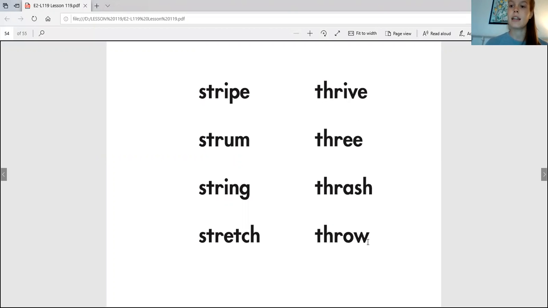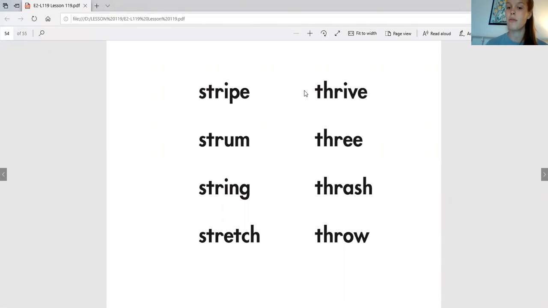Good job. Now you can go ahead and pause it and write all these words down if you would like. And you can also try to come up with other words that have these 3-letter blends in them, the str or the thr, or any of the other 3-letter blends that we had practiced during this video.